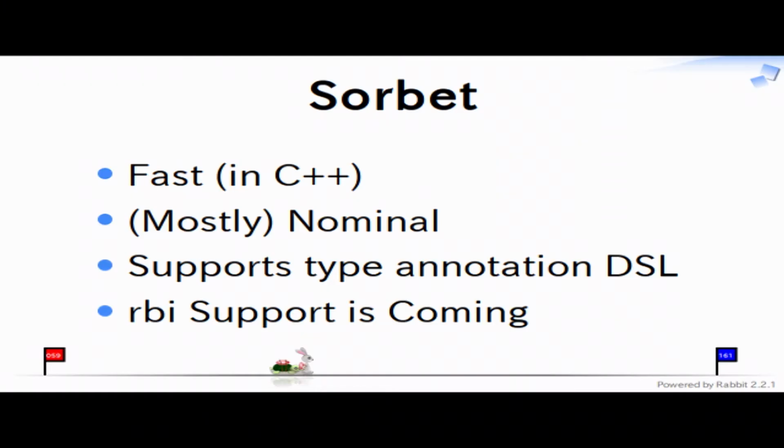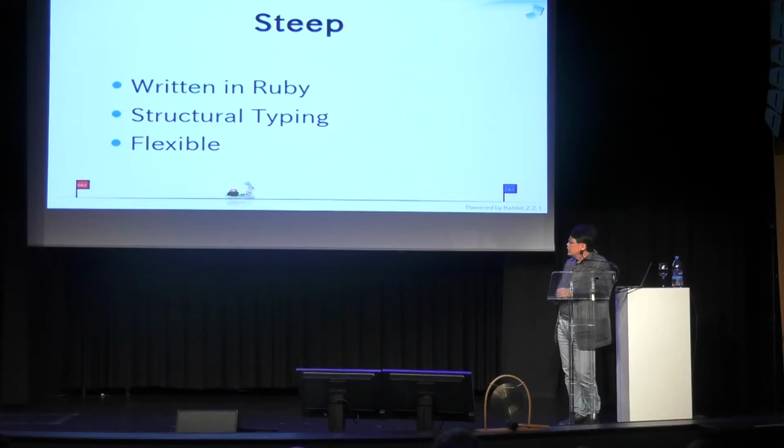And we are working together. The core team and the Sorbet team are working together, so we are working on the RBI support for Sorbet. Steep is from this URL, and it's written in Ruby, and it's based on structural typing.